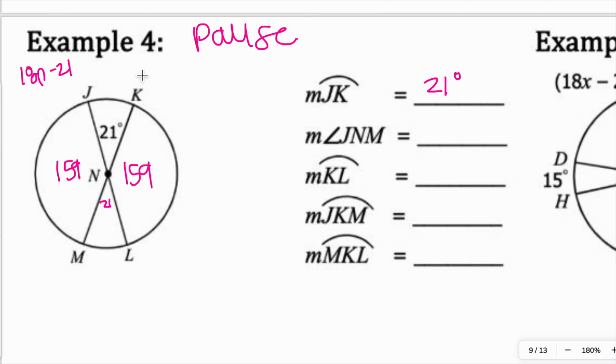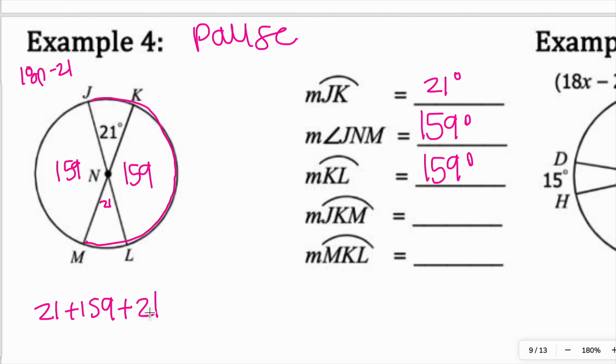So the measure of angle JNM is 159 degrees. The measurement of arc KL is also 159 degrees. JKM is J to K all the way around M. So I'm going to be adding 21 plus 159 plus another 21, and I'm going to get 201.